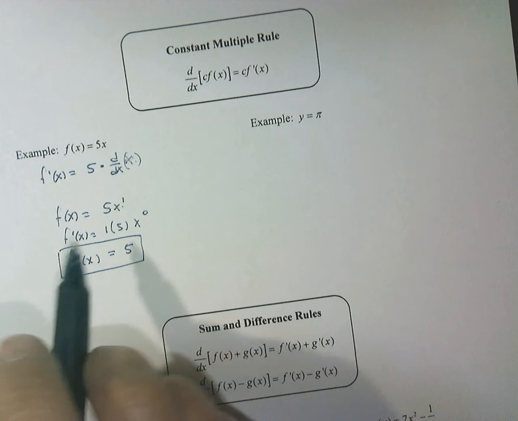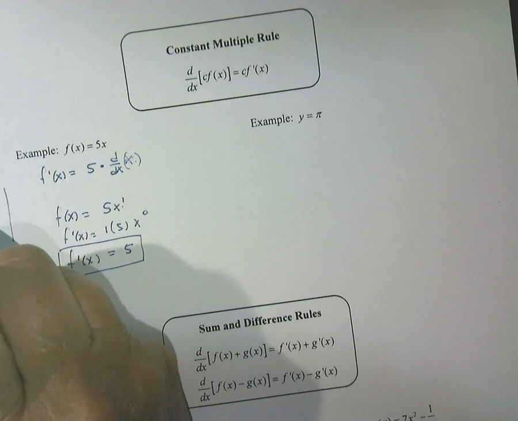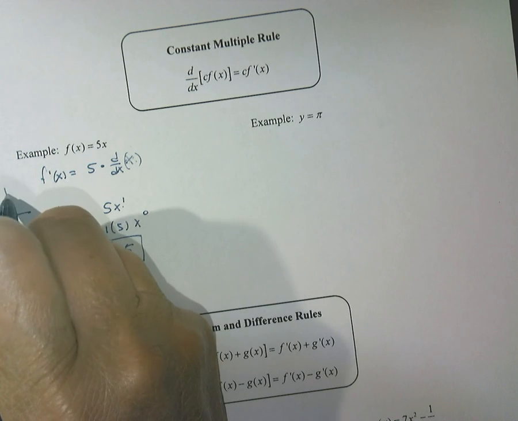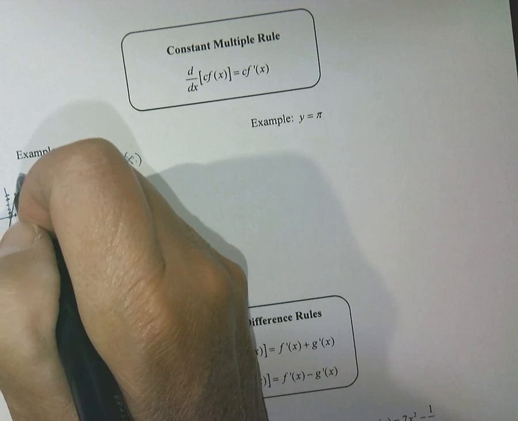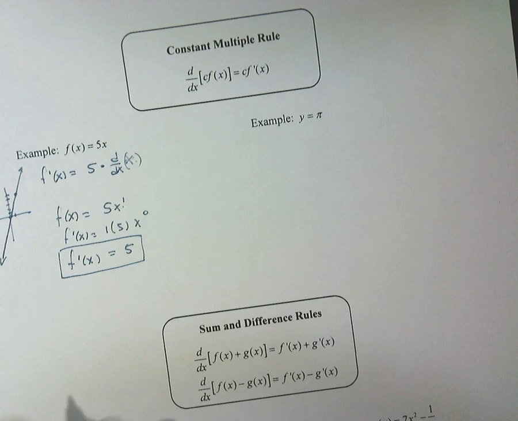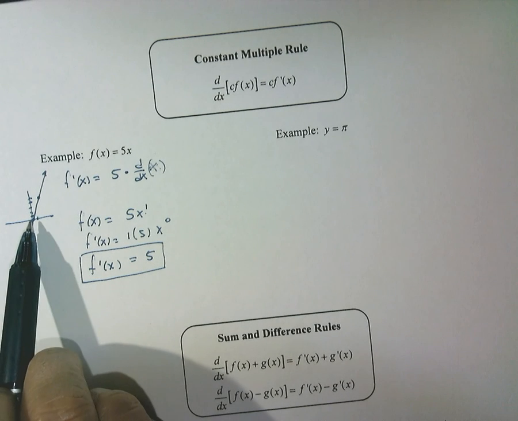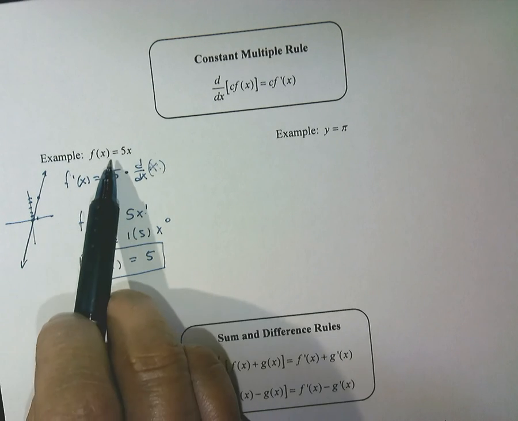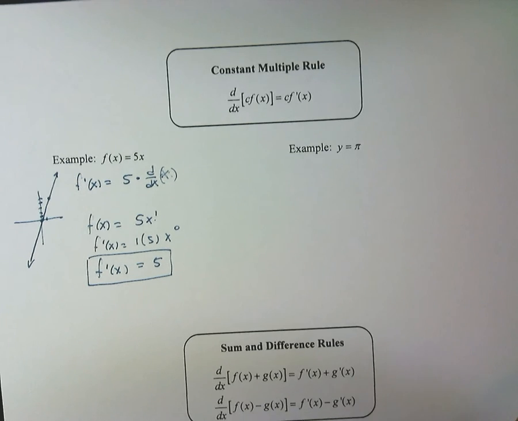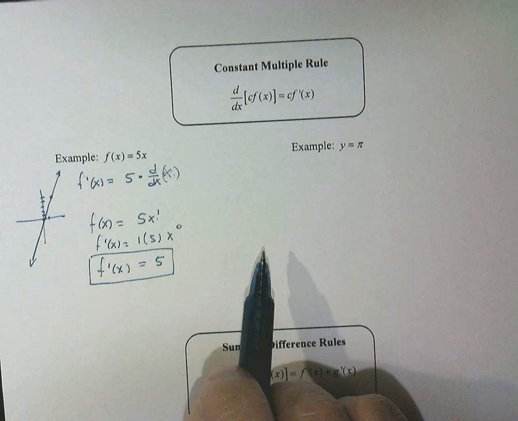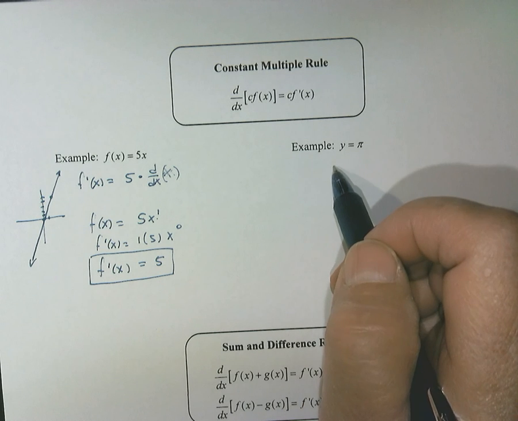Once again, think of slope. This is a line. Y-intercept of 0, slope of 5. No matter where you go, this slope is always 5. So the derivative of that line, 5x, is going to be 5. Trying to trick you a little bit here, but really just bringing it to your attention.